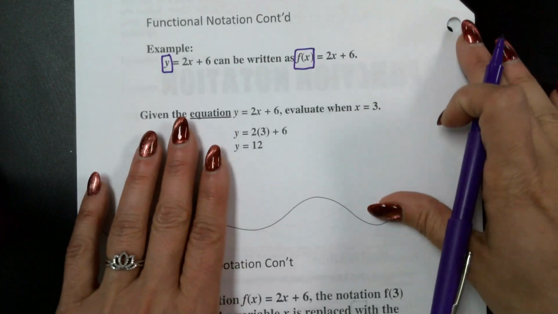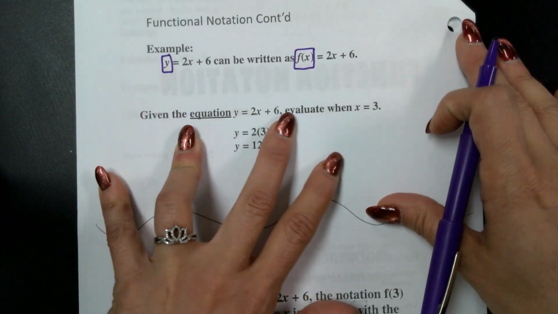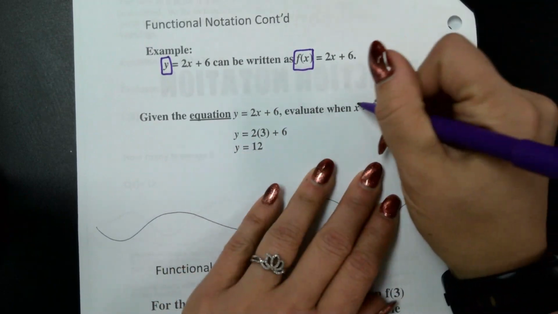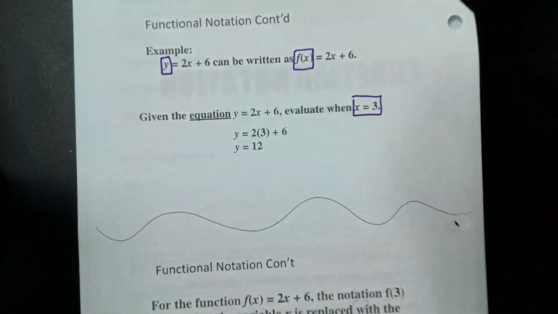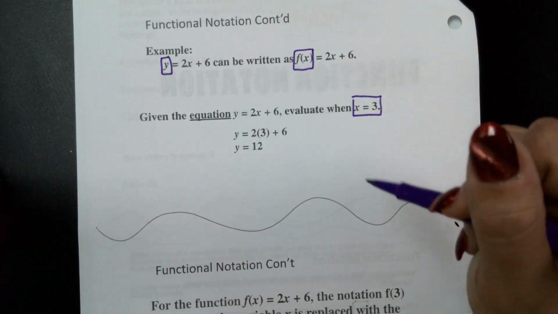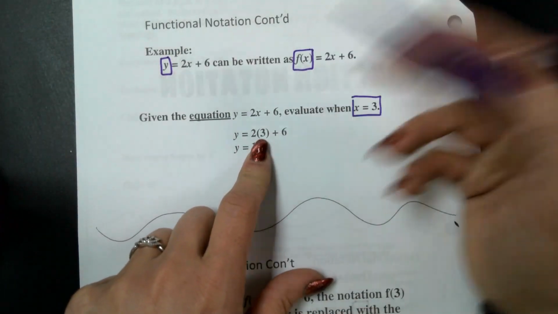It says, given the equation y equals 2x plus 6, we're going to evaluate it when x equals 3. So what did they do with that 3? They just plugged it in where the x was.